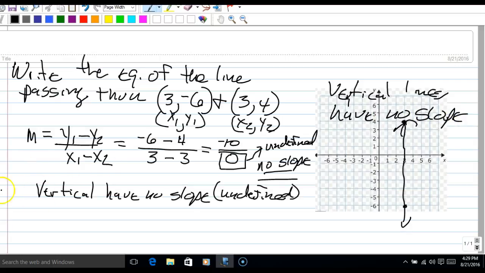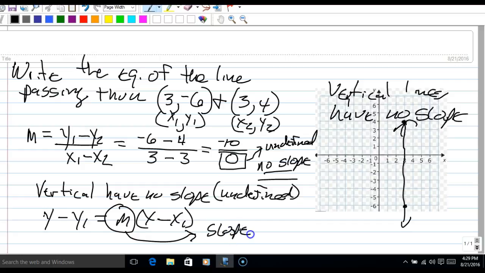Now, since the vertical line has no slope, we cannot use the formula y minus y sub 1 is equal to m times the quantity x minus x sub 1, because here the slope is undefined. So we cannot use this particular formula.